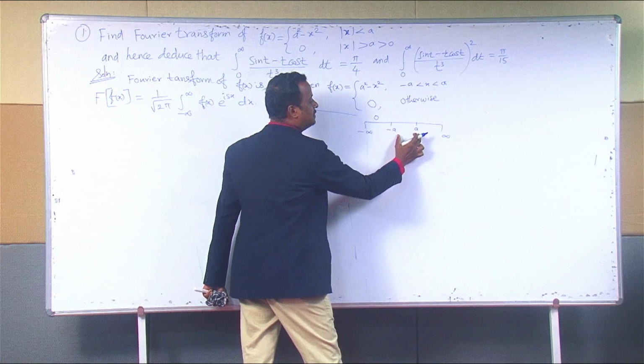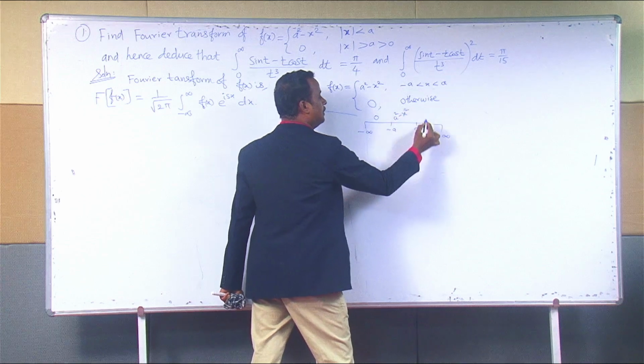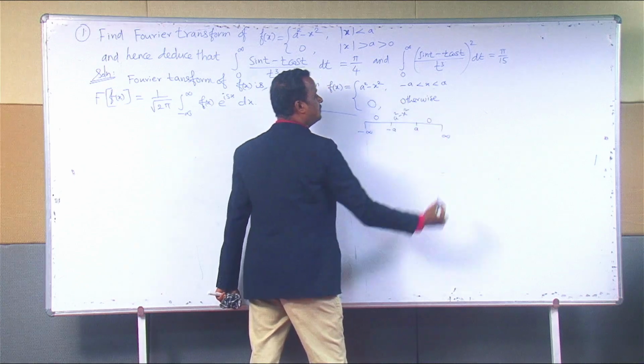In the range minus a to plus a, the function value is a square minus x square. And the other range, a to infinity, also comes under the otherwise case, therefore the function value is 0.